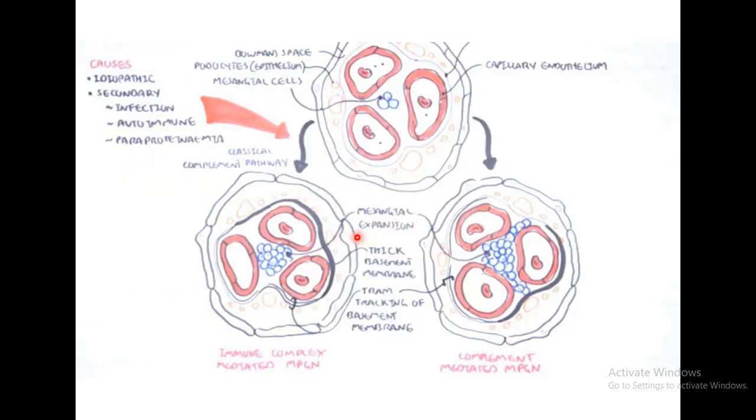And then finally we studied membranoproliferative glomerulonephritis. Here there is the classic tram tracking appearance of the basement membrane, extensive mesangial proliferation, and thickening of the basement membrane.